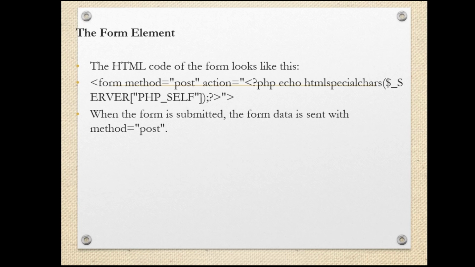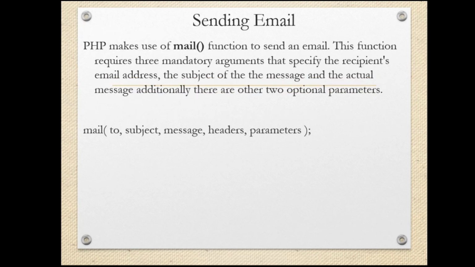Action is basically the name of the file, or you can just call your own PHP self page. When the form is submitted, the form data is sent with method equal to post. So if you select the get method, it will use get, and if you take the post method, it will send the form data with method equal to post.